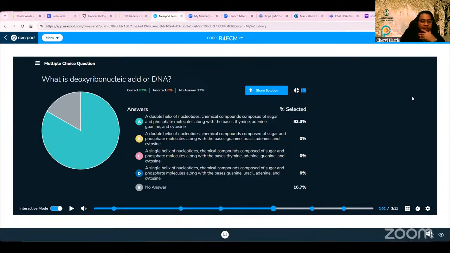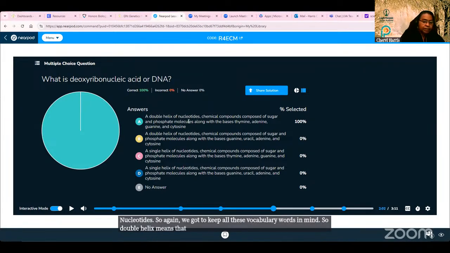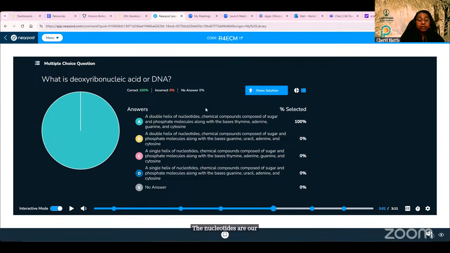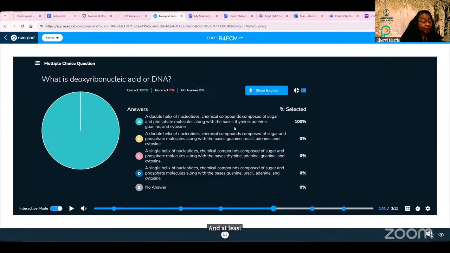All right, so the letter A is correct. If you haven't answered yet, go ahead and select A. All right, a double helix of nucleotides. So again, we have to keep all these vocabulary words in mind. Double helix means that it's double stranded. The nucleotides are our base units that consist of a phosphate, a sugar, and at least one of the four bases. That makes up a nucleotide.